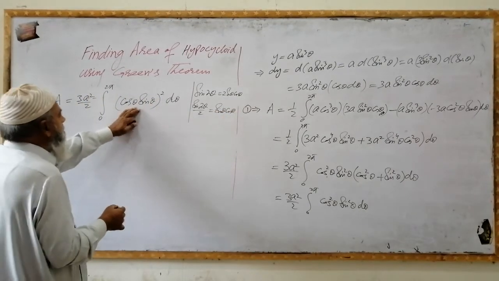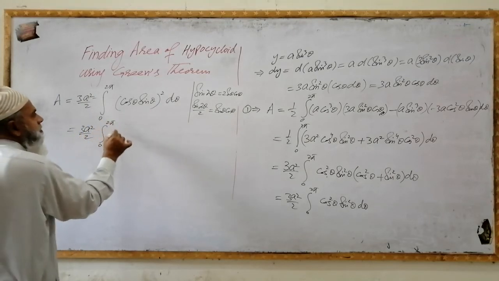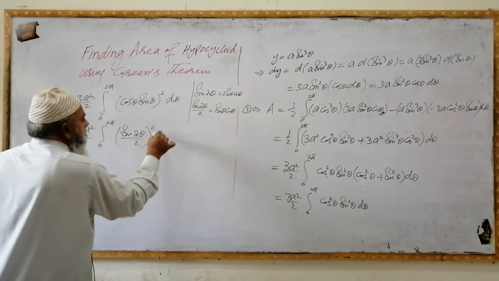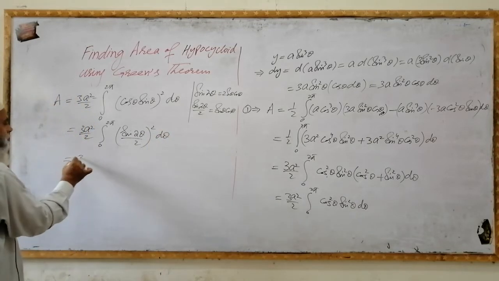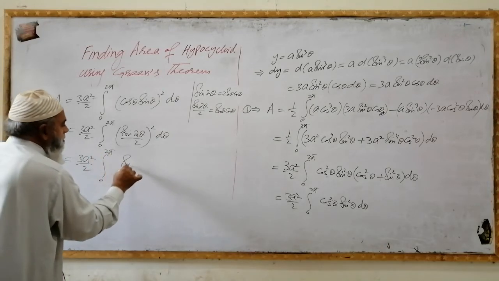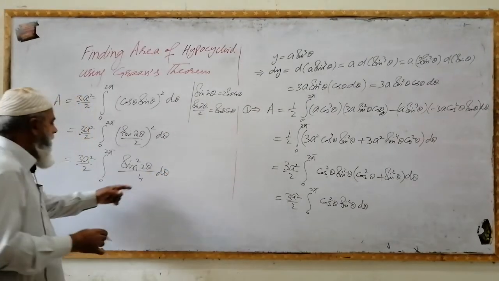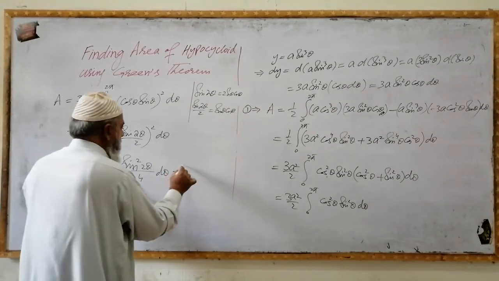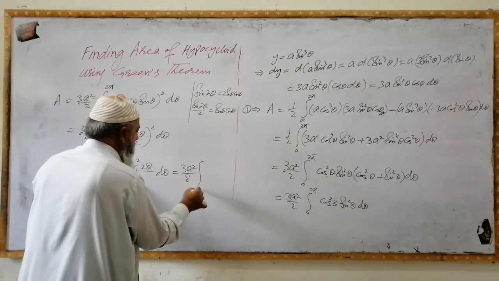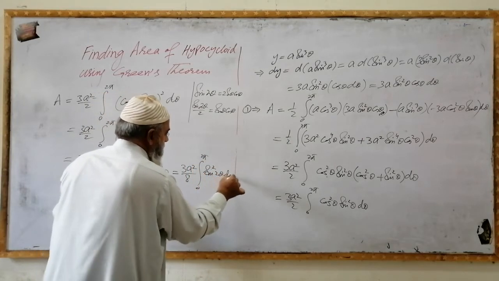Replacing this sin theta cos theta by sin 2 theta over 2, we have 3a square by 2, 0 to 2 pi, sin square 2 theta over 4, and this will be equal to 3a square over 2 into 4, that is 8, 0 to 2 pi, sin square 2 theta d theta.